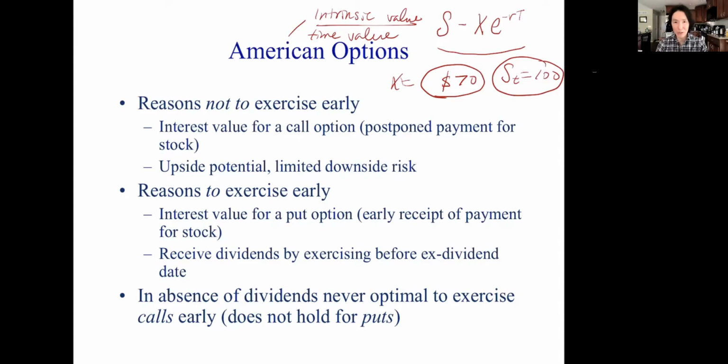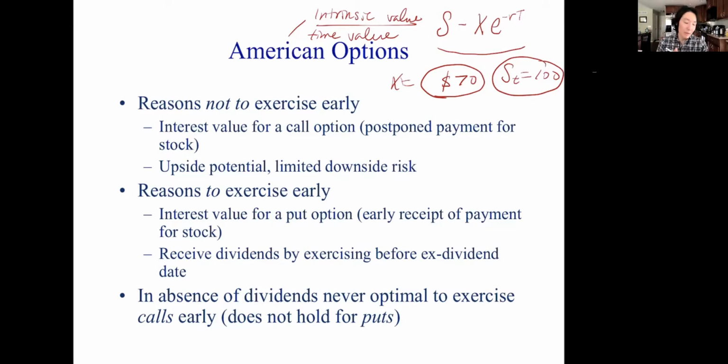You never want to exercise now because of time value. If you wait out, there's some chance that the stock price is going to be even higher. And so there are two strong reasons not to exercise early. The first is in terms of intrinsic value, you lose the interest value for the exercise price. Second reason not to exercise early is because you lose the time value.